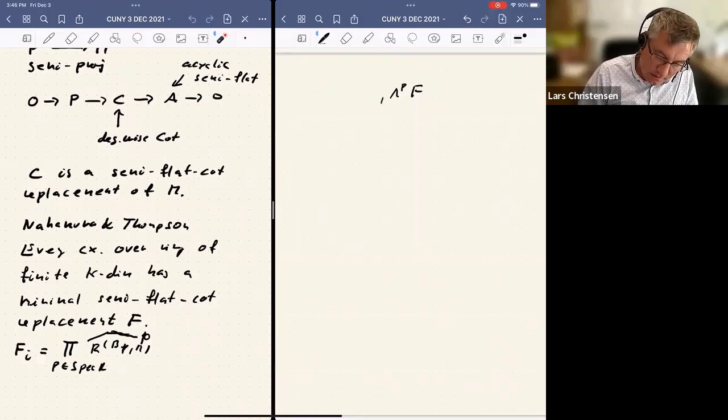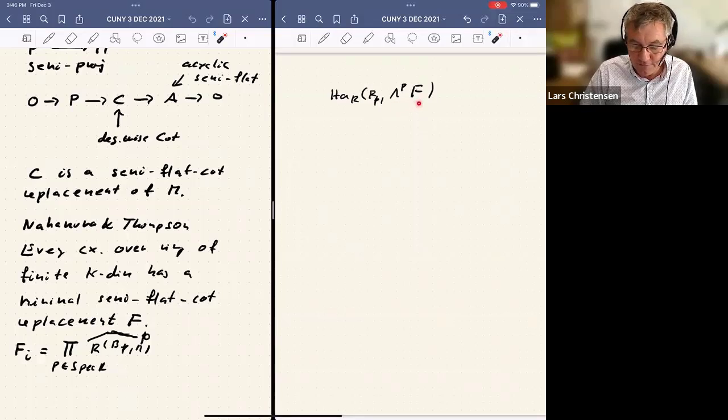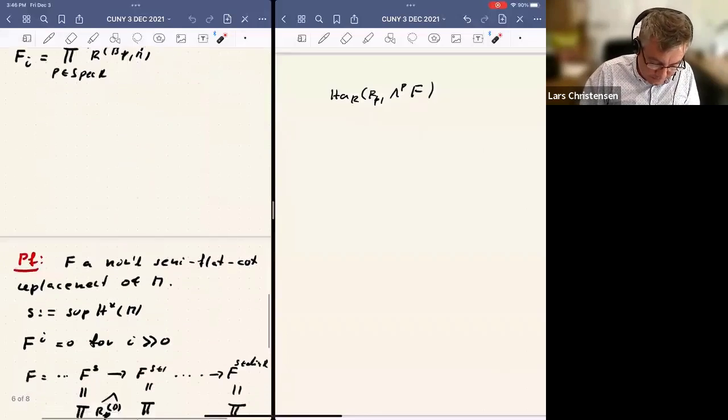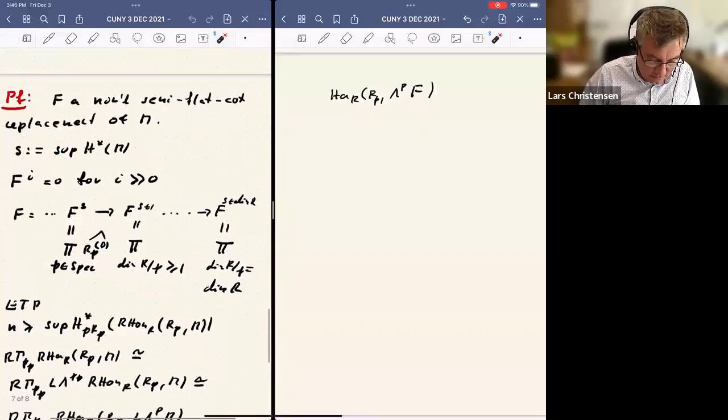So this means that to compute the derived Hom, I can just use this thing, because R localized at p is a flat module. Normally, to compute RHom, I would have to derive this one, injectively. But since this one is flat, I can derive it with anything that's Ext-orthogonal to flat things, and that's what flat cotorsion things are. So this complex computes the derived Hom. But now I know what this complex looks like, because if you go back to here, I know what the tail of this complex looks like.